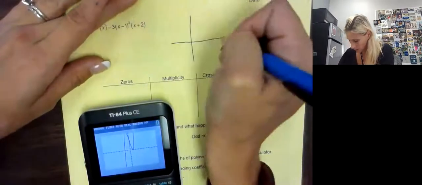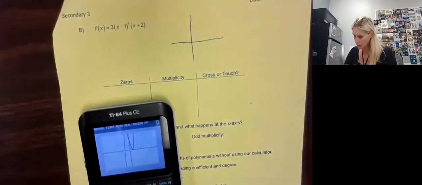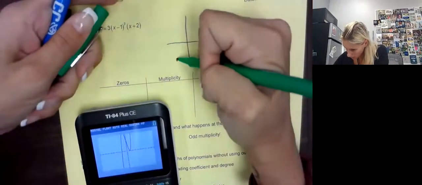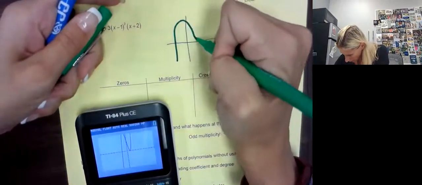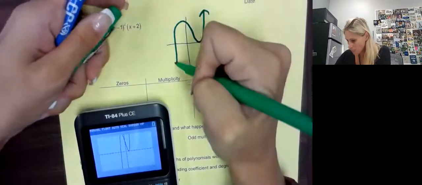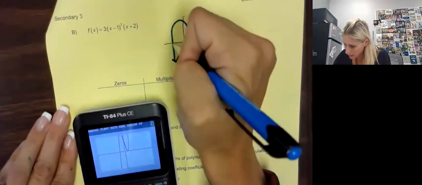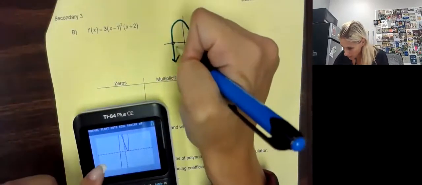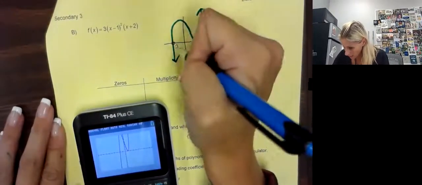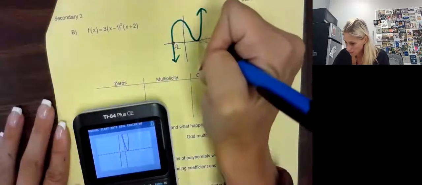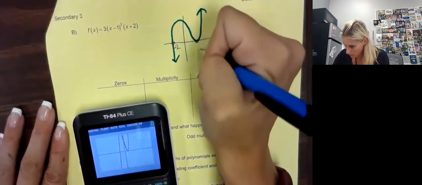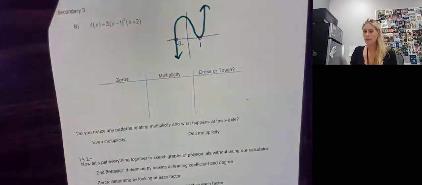Okay. Let's sketch this out just to see what happens here. So we go up, around, there we go. All right, so this intercept right here looks like it's at 2 and -2, right? We're on the left side there. And we're at 1.